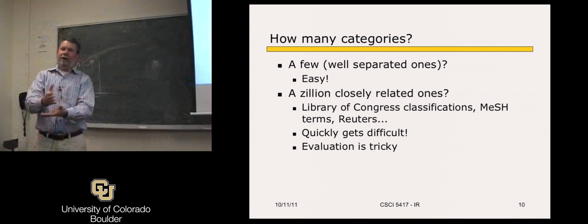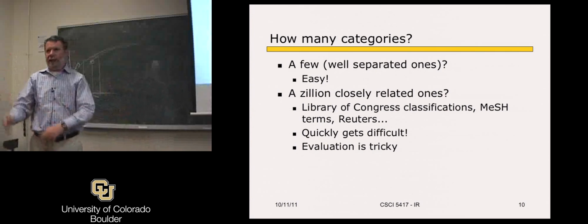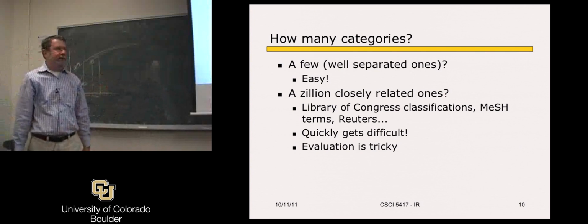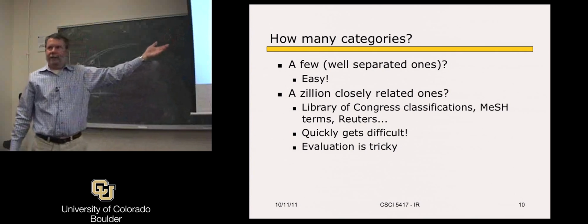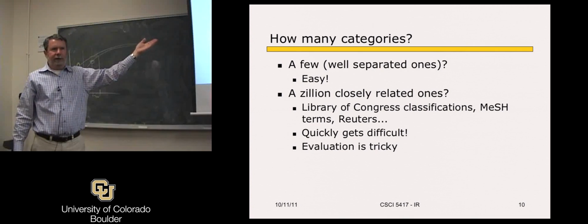The examples in the book and the examples of the SVMs are always, is it sports or is it medicine? Is it spam? Is it not spam? Is it pornographic? Is it not pornographic? These sort of binary classifier kind of things. But most real-world domains aren't like that. So with the MeSH terms that I gave you, I think I said there's 4,900.